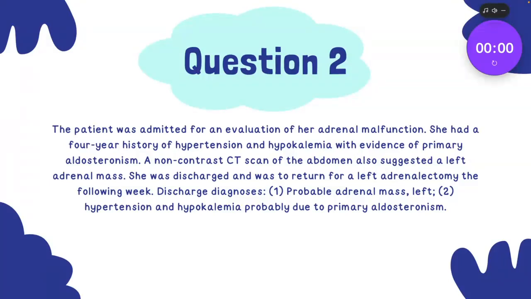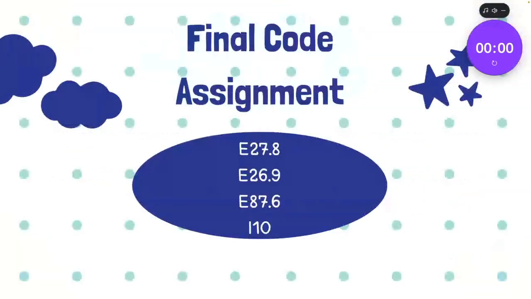All right. So for this particular patient, we need to capture the codes for the adrenal mass, the aldosteronism, the hypokalemia, as well as the hypertension. Any questions on these codes before we move to the next scenario?